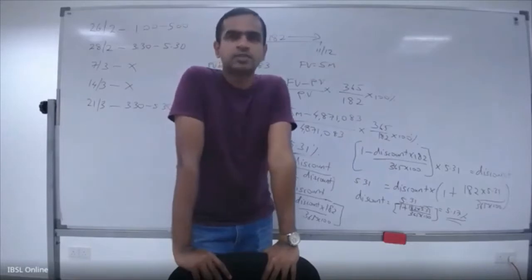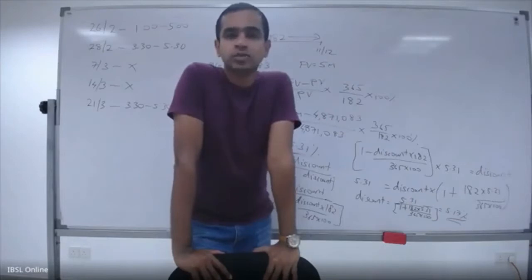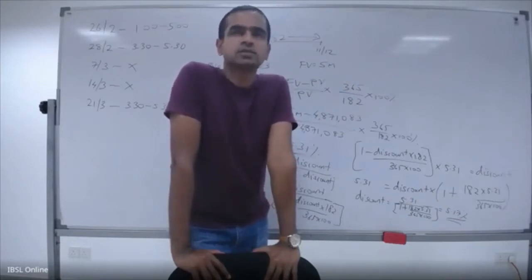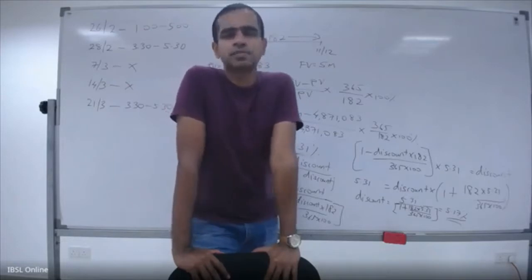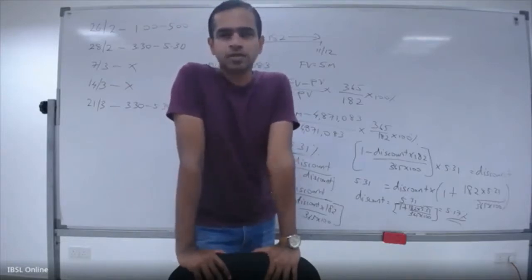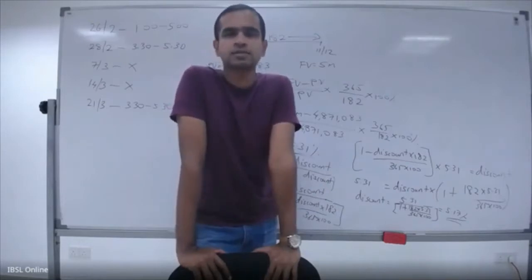That is what yield means. And remember, yield has to be annualized. You always express yield percentage as an annual figure, not for 90 days or whatever. So if you say 10% yield, it means if you hold an investment for a period of 1 year, you should get a return of 10%.